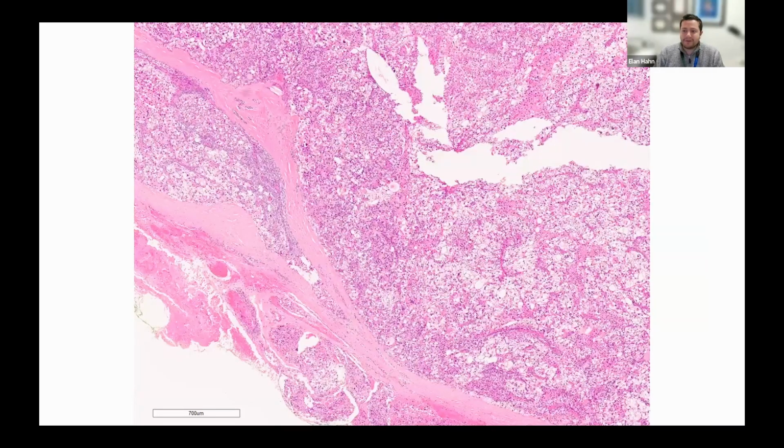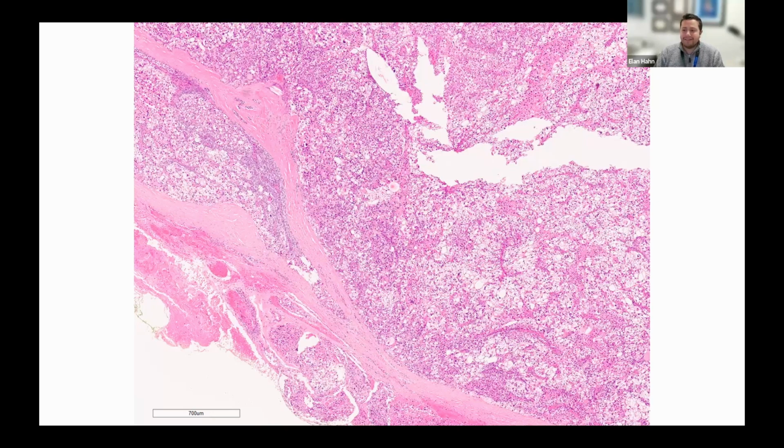Fibrous bands are an atypical finding, but again, not alone diagnostic of parathyroid carcinoma, but they're atypical to find in a parathyroid adenoma. And if we look at the bottom of the screen, that's the area that was suspicious for vascular invasion. Parathyroid tumors are unique in that we only call them carcinoma when there's unequivocal evidence of malignancy, that being invasion into other structures, lymph node metastases, or vascular invasion.